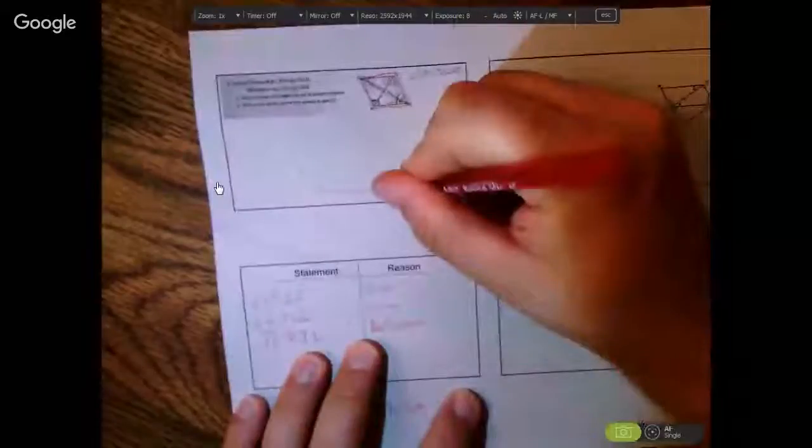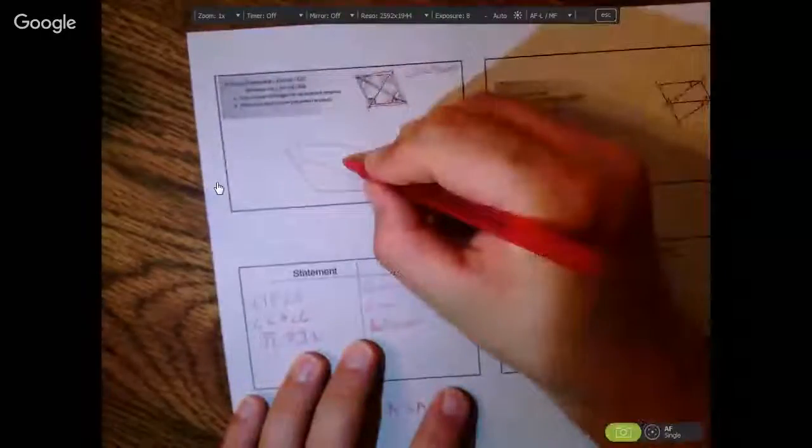Okay, can we all read it? That was simple. When you're proving two triangles congruent, I'll explain real quick. The drawing is awful, but if I redraw it, we're trying to prove that triangle 1 is congruent to triangle 2.